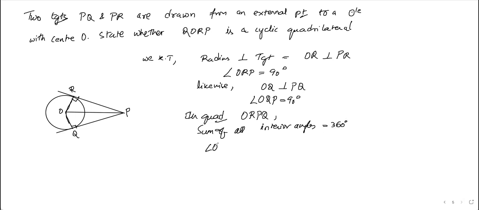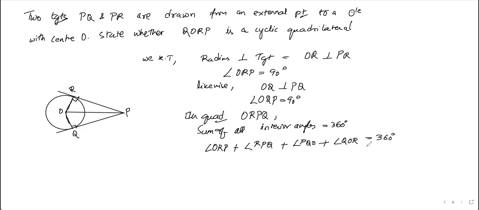So angle ORP plus angle RPQ plus angle PQO plus angle QOR is equal to 360 degrees.